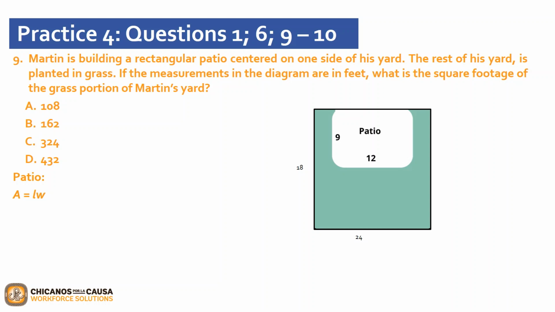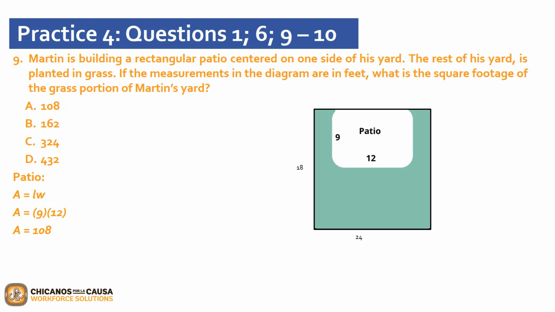We're going to replace those variables with the values. In this case, it's 9 and 12. So that yields a result of 108. That is the area square footage for the patio itself.